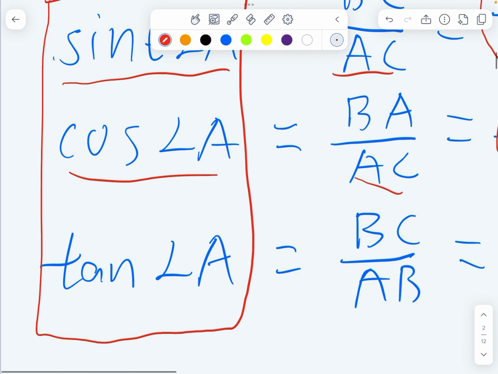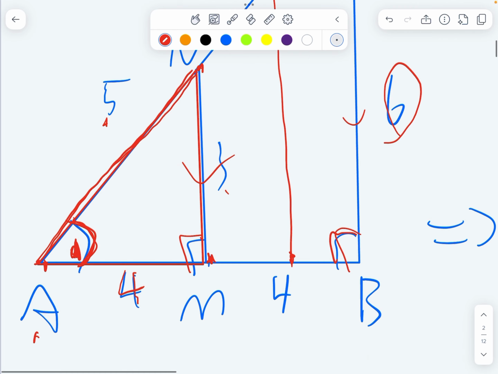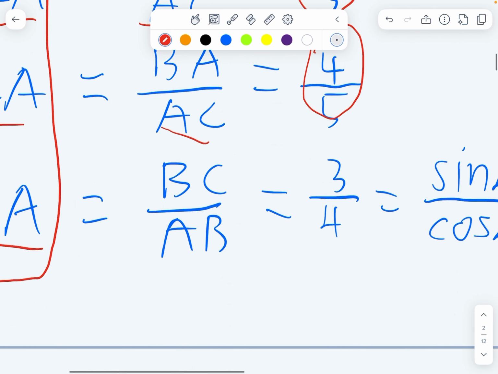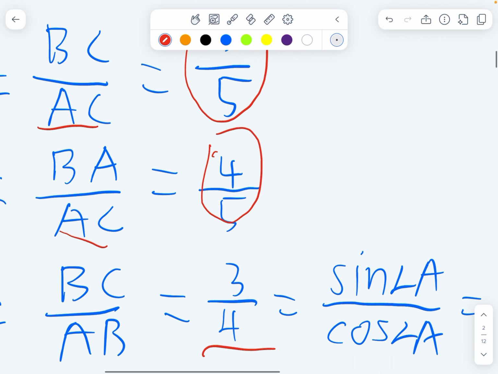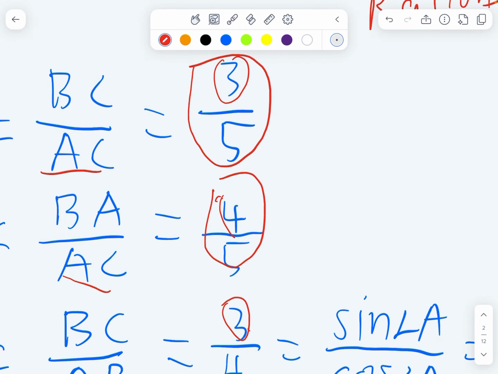The third one is called tangent A. Tangent A equals the opposite side compared to the adjacent side, which is 3 over 4.